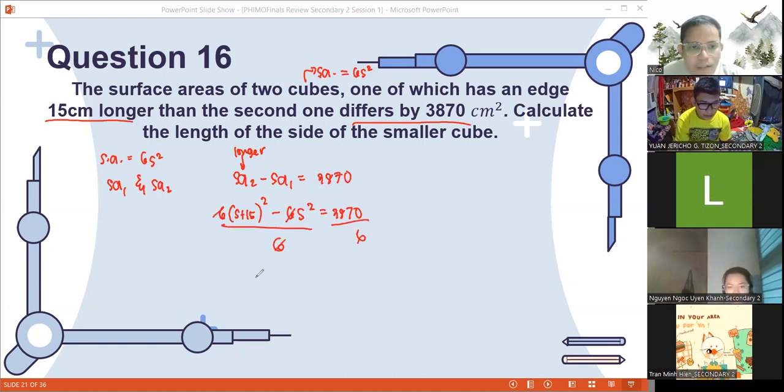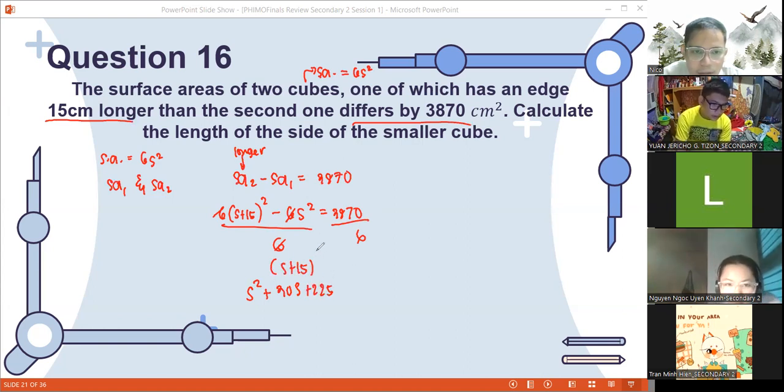We have here s squared plus 30s plus 225 from (s plus 15) squared, minus s squared, is equal to 645. Don't forget, you divide it by 6.